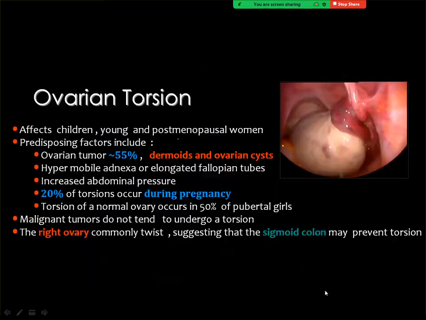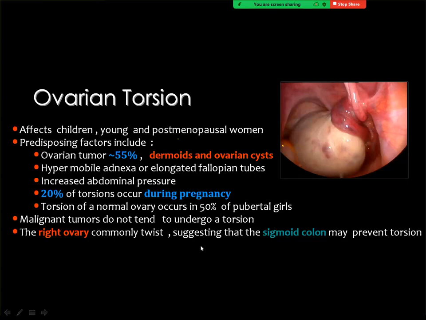Ovarian torsion usually affects children, young and postmenopausal women. Maybe there is a predisposing factor, which is usually a dermoid cyst or an ovarian cyst. It should be benign because malignant lesions may prevent the ovary from being torsed.